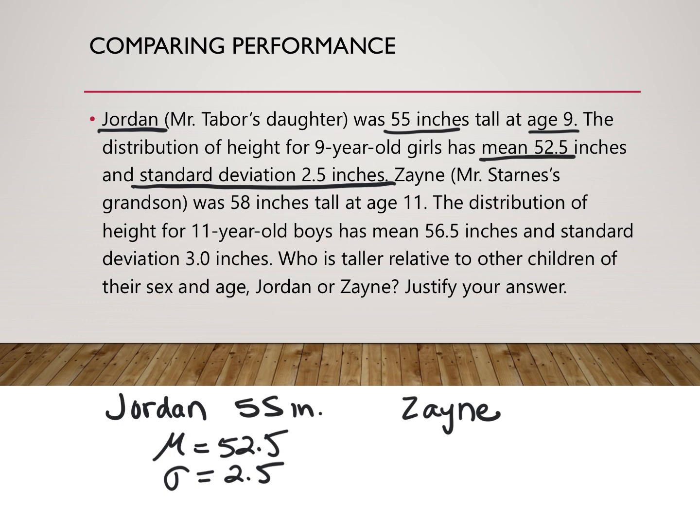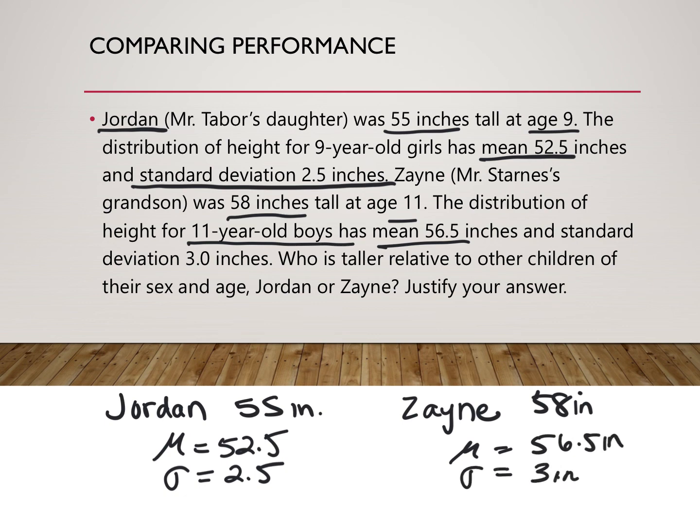So Zane, he is 58 inches tall at age 11. So Zane is 58 inches. The distribution of height for 11-year-old boys has a mean of 56.5 inches and a standard deviation of 3 inches.